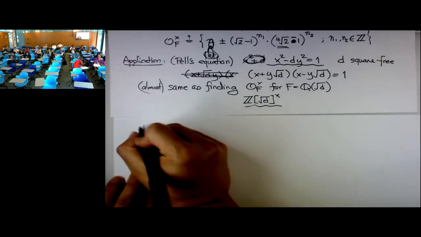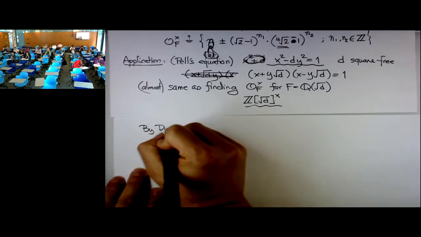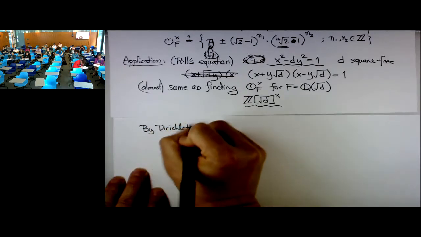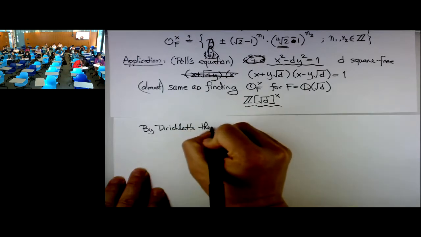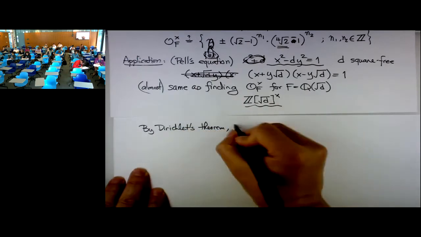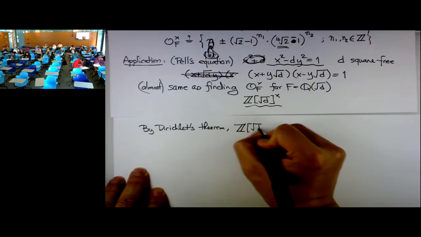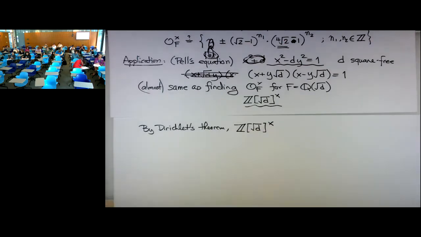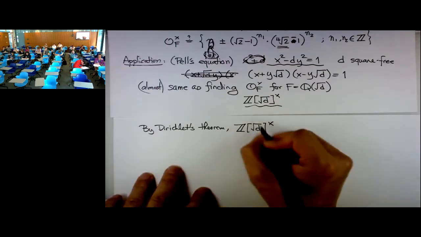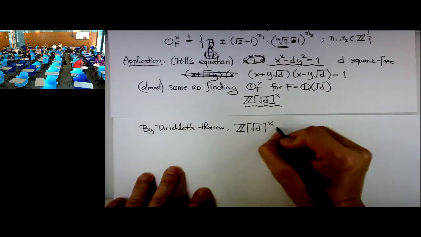Then by Dirichlet's theorem, as I said, even if D is congruent to 1 mod 4, you don't have to consider Z adjoin (√D plus 1)/2. You can just say this.